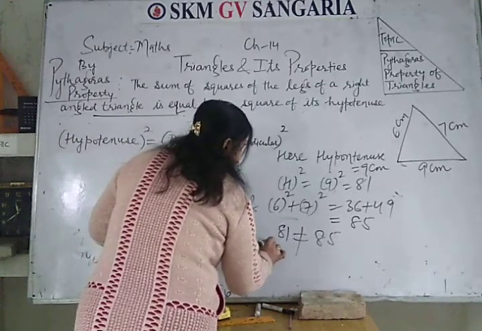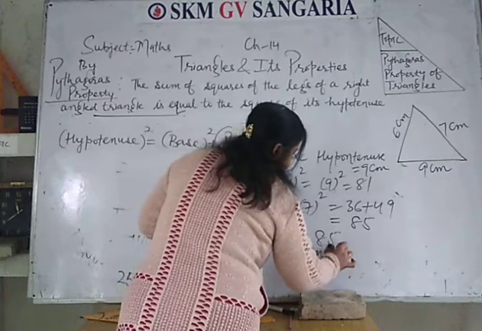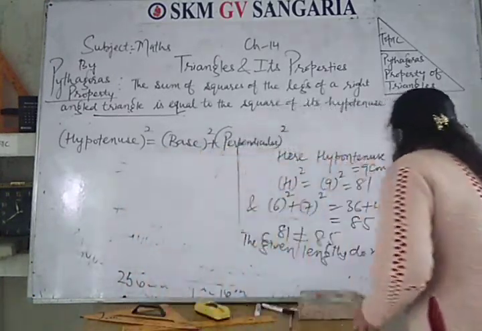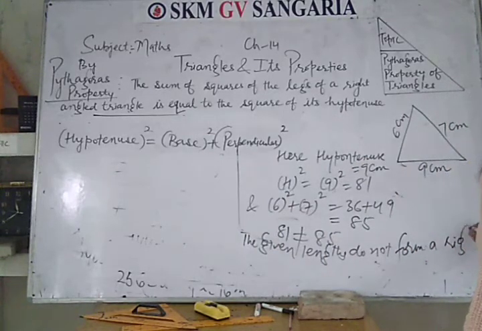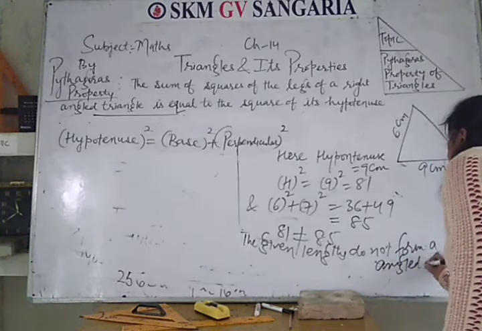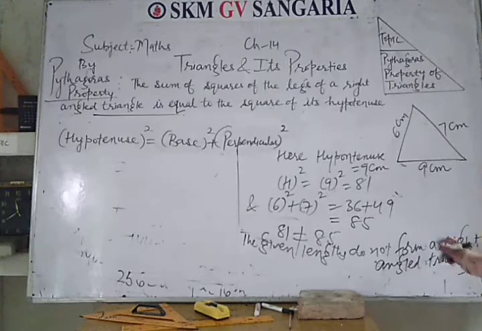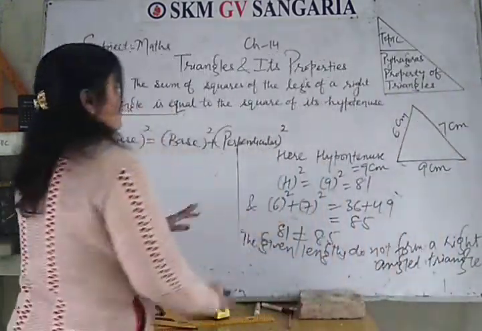The given lengths do not form a right angle triangle. Okay. You can write hypotenuse separately and then the sum of the squares of the legs.